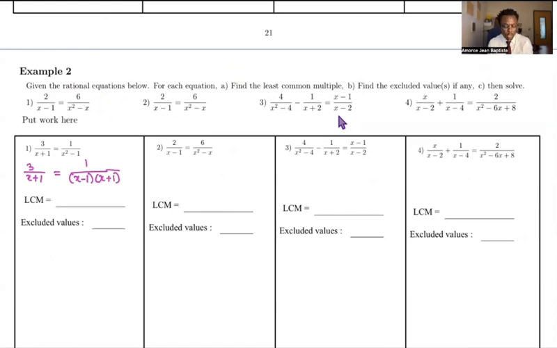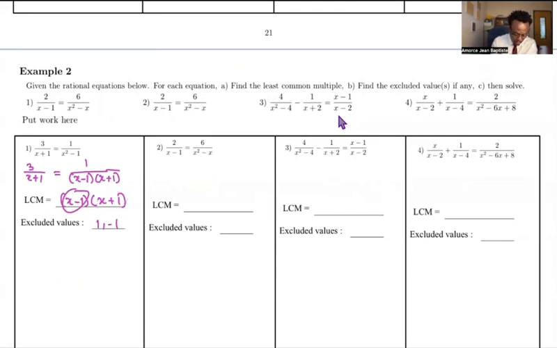So x plus 1 is already common, so we want to include all the factors in the LCD. So that's going to be x minus 1 times x plus 1 for the LCD. The LCD will be 0 when x equals 1, and also 0 if x equals negative 1. So 1 and negative 1 are the excluded values.